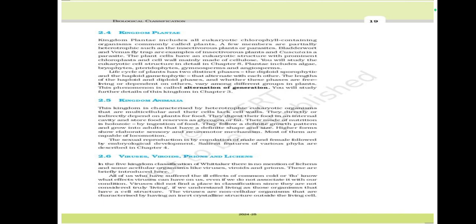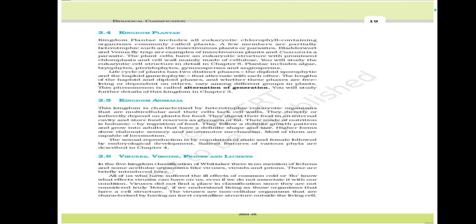All of us who have suffered the ill effects of common cold or flu know what effects viruses can have on us, even if we do not associate it with our condition. Viruses did not find a place in classification since they are not considered truly living.